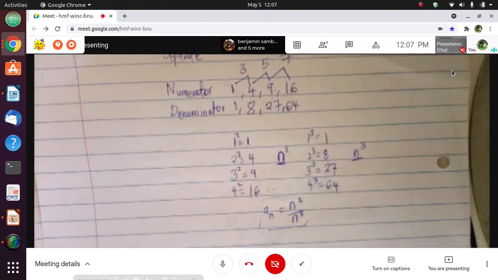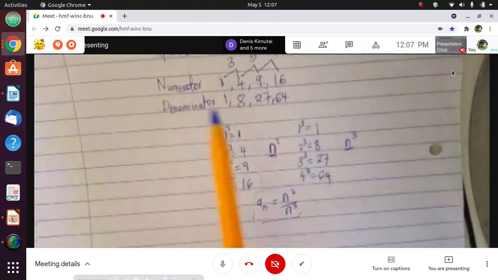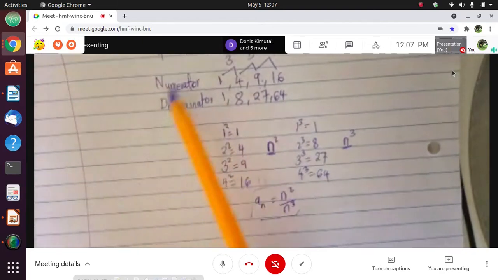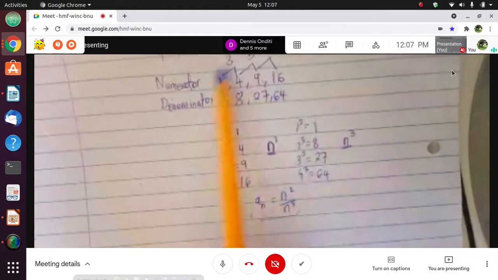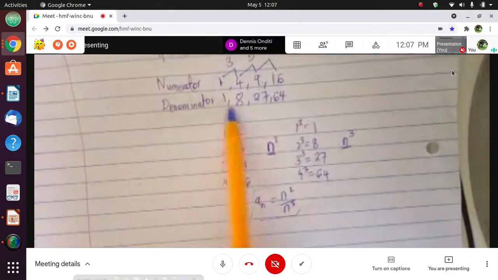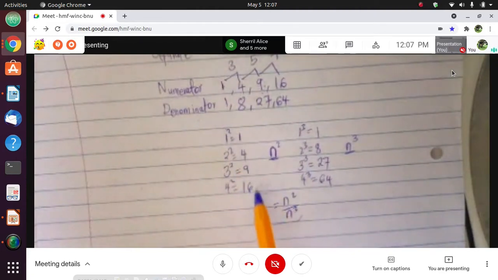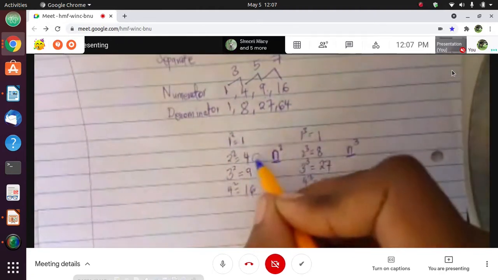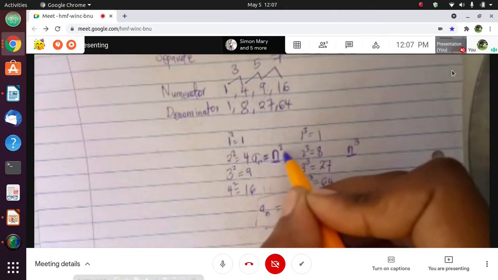But it doesn't mean that you can't have such examples that have perfect squares and perfect cubes. In this example, you have a perfect square and you have a perfect cube. The perfect squares are for the numerators, and you have perfect cubes for the denominators. With the numerators, that pattern can be summarized by the general equation an is n squared.